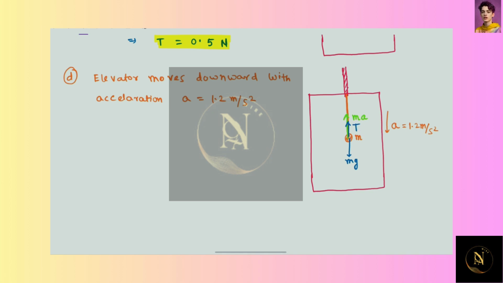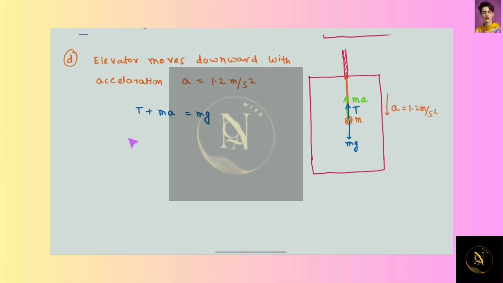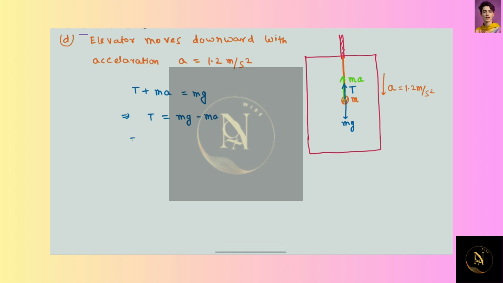With respect to the elevator's reference frame, the bob will be in equilibrium, and for that equilibrium to be maintained, the net upward force, which is T plus ma, has to be balanced by mg. So the tension force will be mg minus ma, or more precisely T equals m into g minus a.